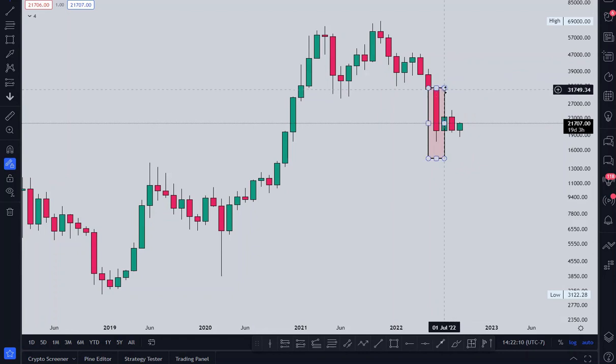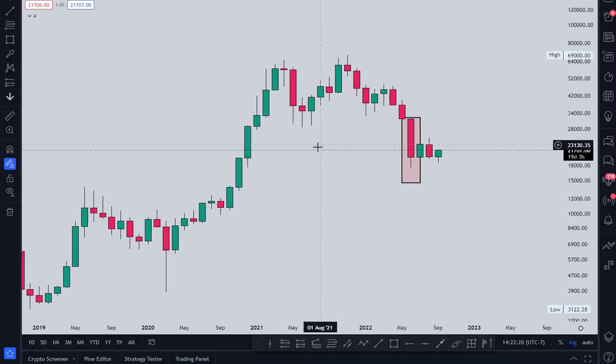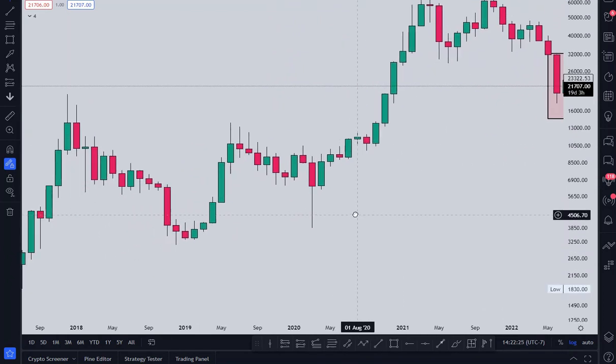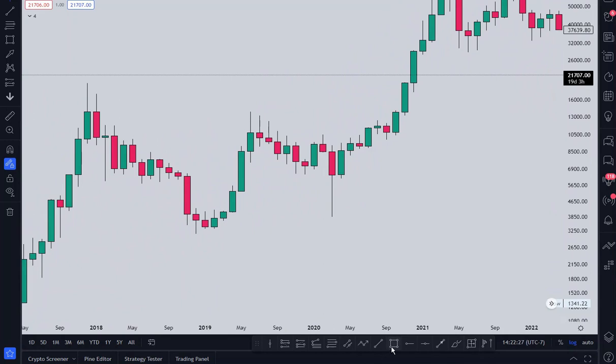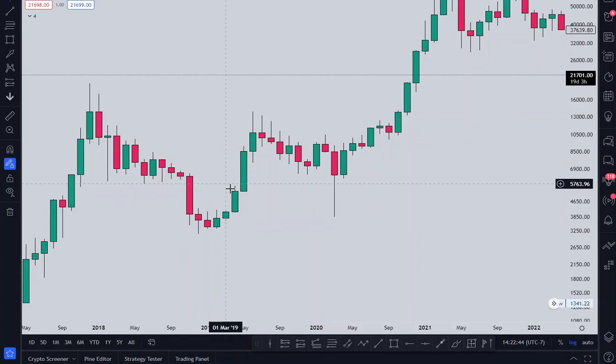But since the open has no shadow, the shadow is negligible, we can call it a Marubozu, but it's not a perfect Marubozu. So let's look for another one. Yeah, we have this candle here, as you can see, no lower shadow and a small upper shadow. This is a bullish Marubozu, and you can see the previous candle was another Marubozu too.